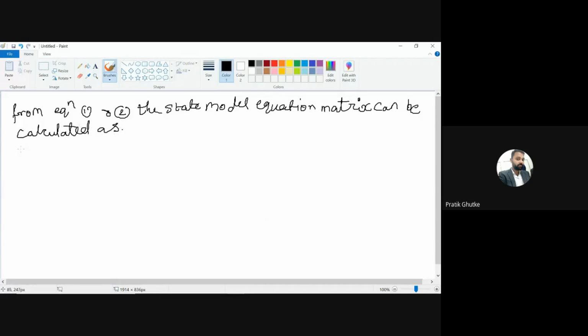X dot equals Ax plus Bu. So here x1 dot and x2 dot.